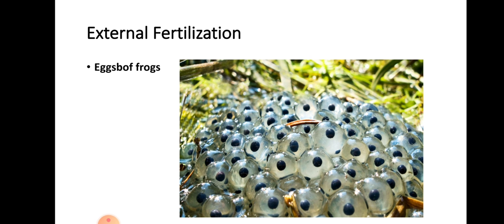Each sperm swims randomly in water with the help of its long tail. It will look like this human sperm, with a long tail. Using that tail, the sperms swim randomly in water. The sperms come in contact with the eggs, and this results in fertilization.